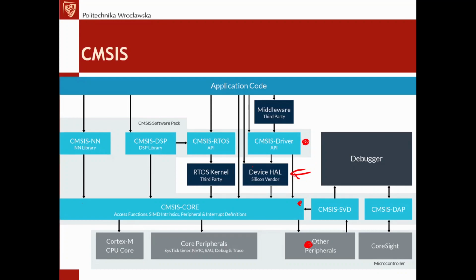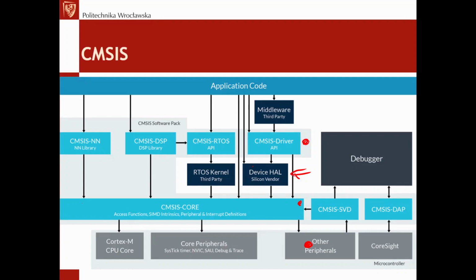The problem with the HAL level is that we've got functions which are available at ST, for example. If you're using only STM32s, then your code will be reusable between different STMs.